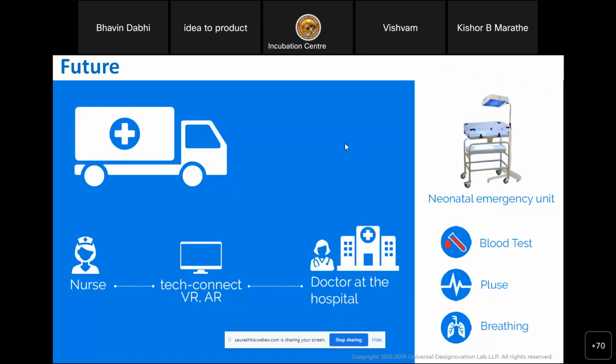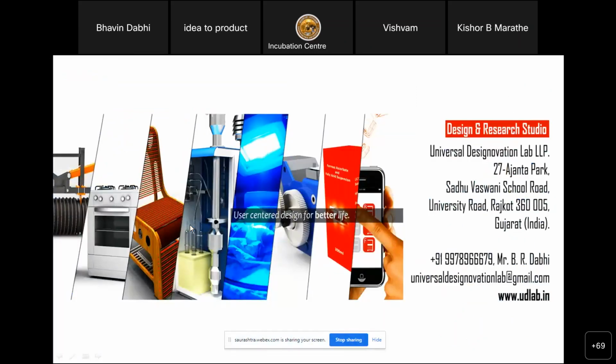So one of the disruptions that can be made is, if not by air, then on wheels: the neonatal emergency unit on wheels can deliver at the place as and when required, and that can travel 0 to 500 kilometers. So that 100-kilometer circle is definitely visible, viable, physical, and in a business way also, it can be possible if somebody thinks of doing something like that.